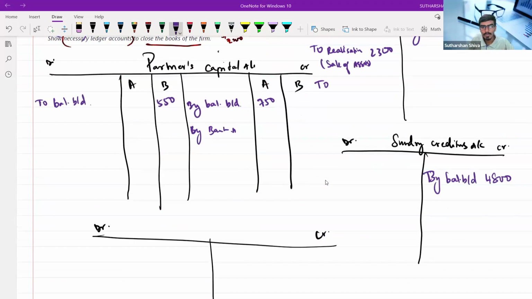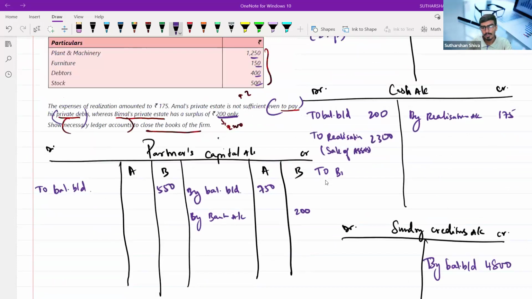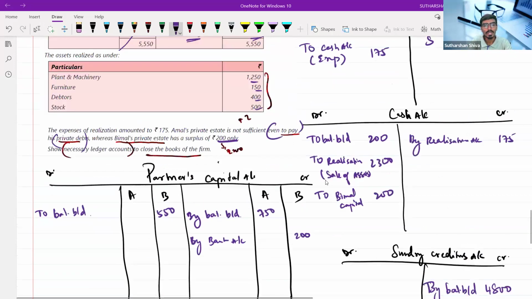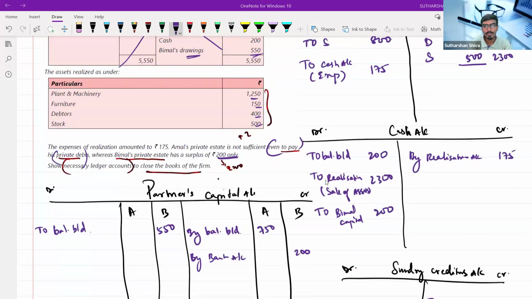On Bimal's account, we will put 200 over here. Next, we will write the values on the cash account, to Bimal's capital, 200.